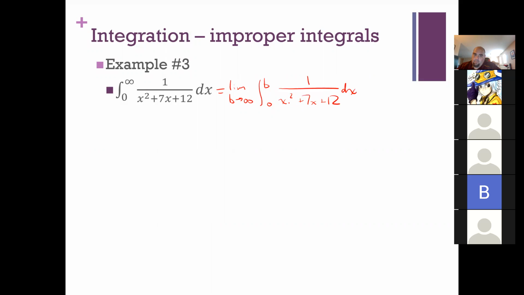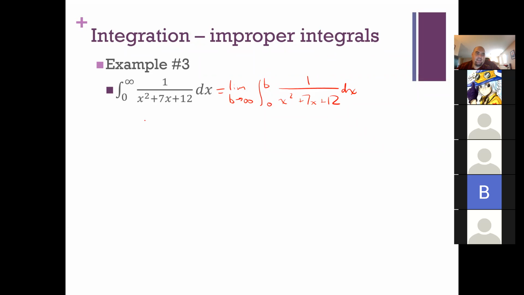Move the denominator up to the top. I'm sorry, what was that? Move the denominator up to the top. That's actually not going to work; we're eventually going to have to undo that this time. Do we want to do partial fractions? Yeah, we need partial fractions.